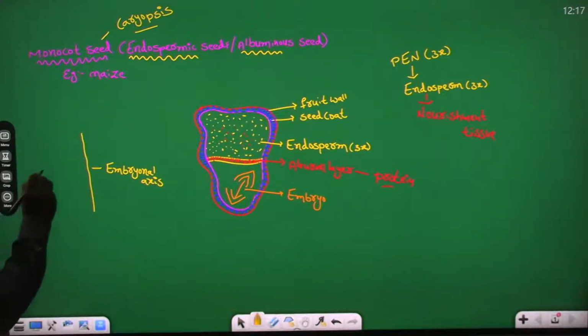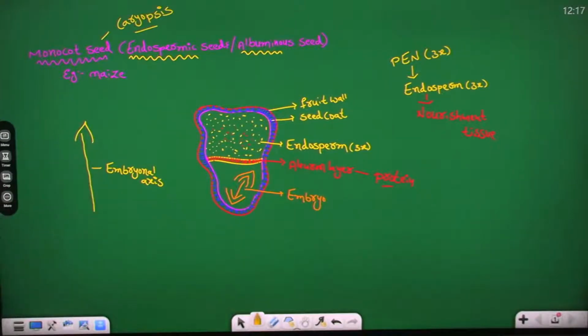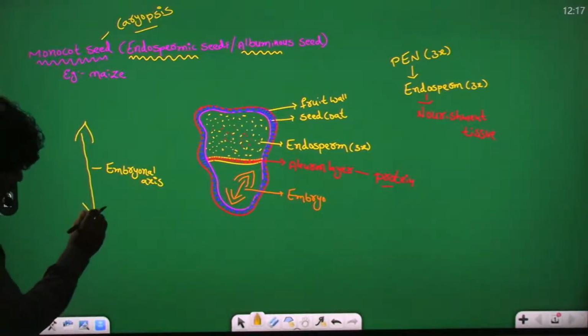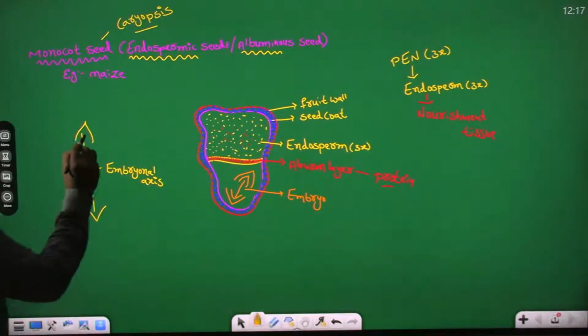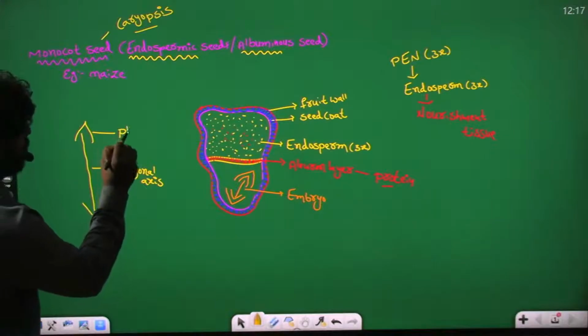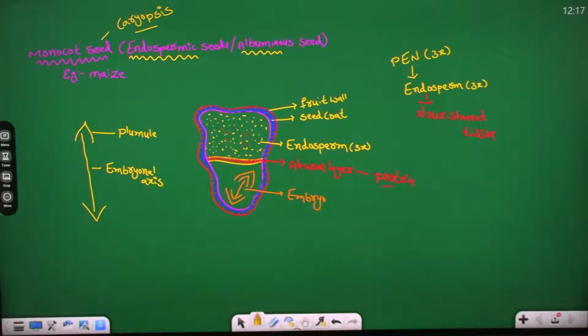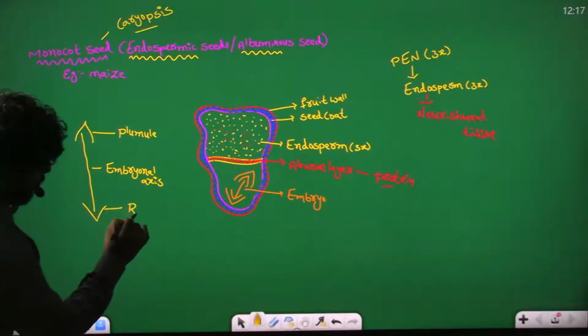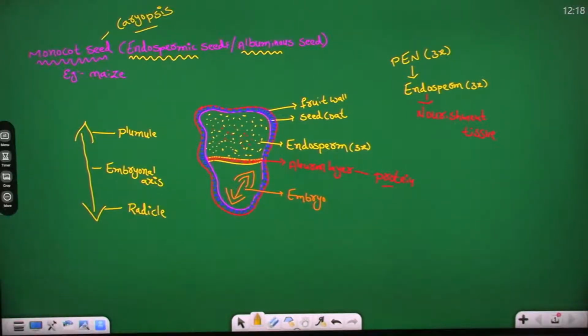See, listen, this is the upper tip of the embryonal axis, and this is the lower tip of the embryonal axis. The upper tip is called the plumule.